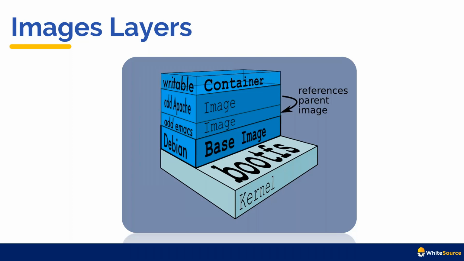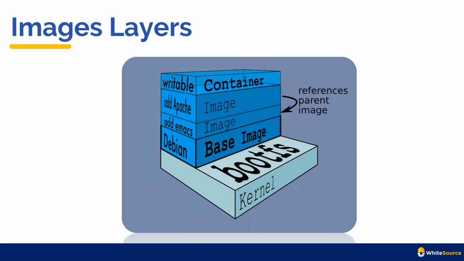And then we have the actual application layers. Every line that I write within the Dockerfile is a layer of the image. And layers can reference the parent image, or they can reference other images within the Docker image.